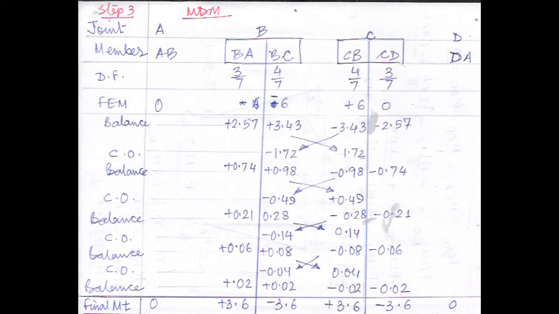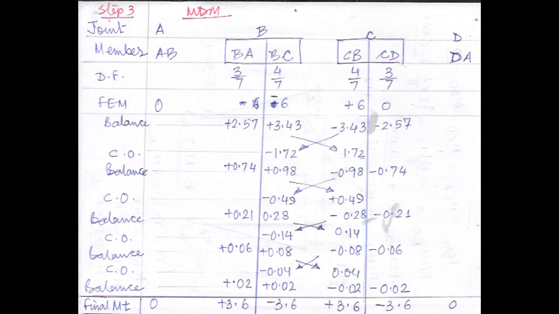Correct? When we started, the FEM was 6, and now we have reached 0.02. So here we can think that maybe at that time we can take the summation and the values will come the same. That way, you can decide that now the final stage has been reached.